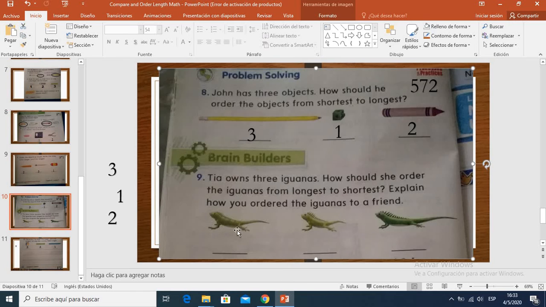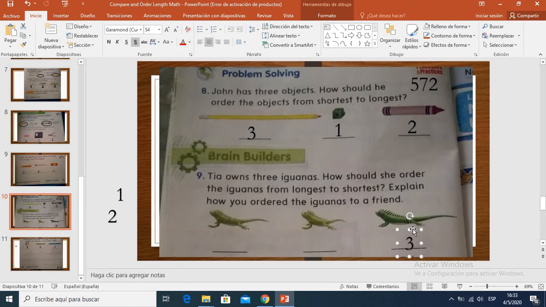Okay, so let's find the longest iguana. What is it? The number 1, number 2, or number 3? The longest. This one, right? Excellent. So you write the number 3 on the longest iguana. Now, let's compare these 2 iguanas.